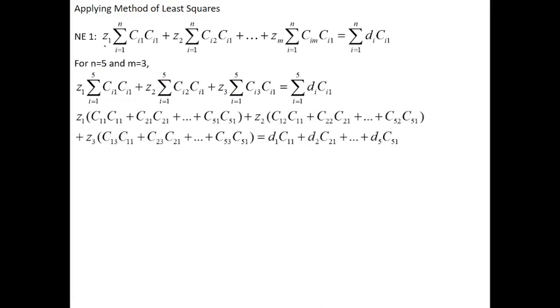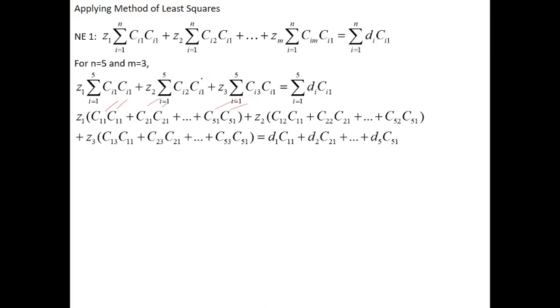And then, this will now be the equation. So, z sub 1, summation ci1, ci1. So, sabihin niyan, we start with I equals 1, c11, c11, plus c21, c21, plus c31, c31, until we reach c51, c51.